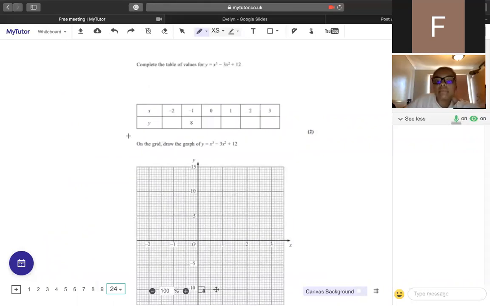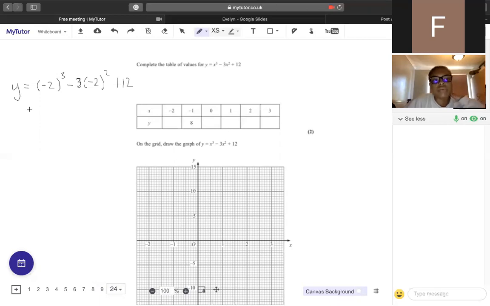So we've got x cubed minus 3x squared plus 12. So let's start with x equals -2. Got y. Then substitute in for x is -2 cubed minus 3 multiplied by -2 squared plus 12.